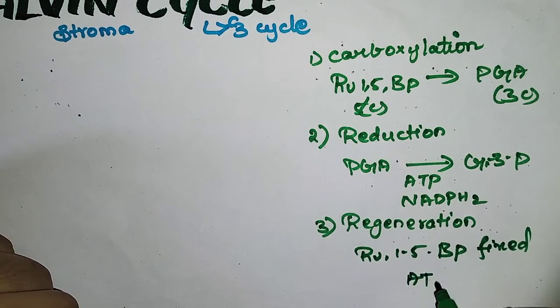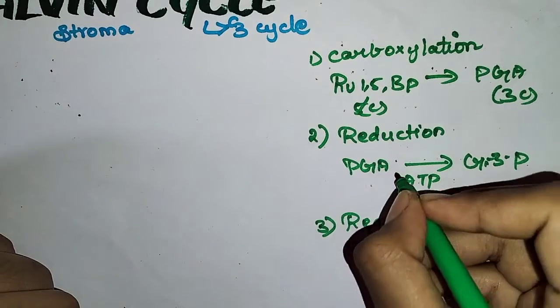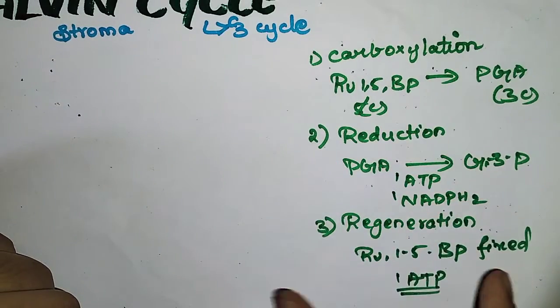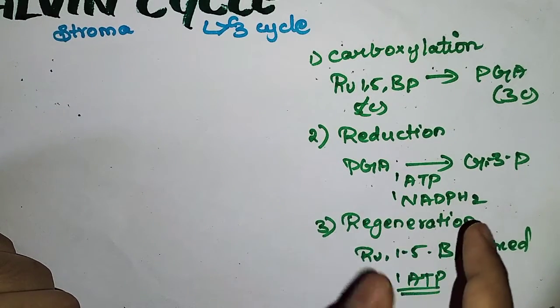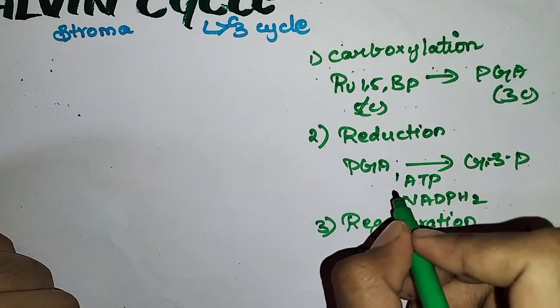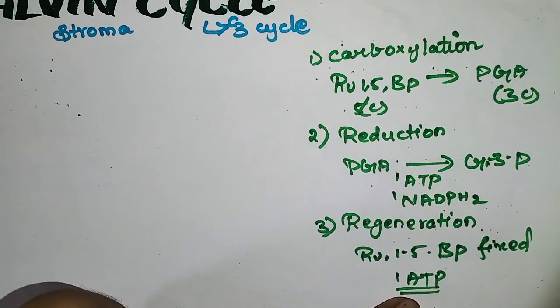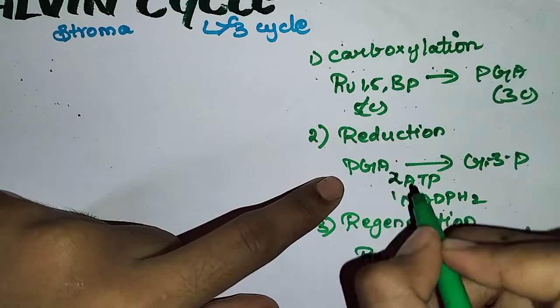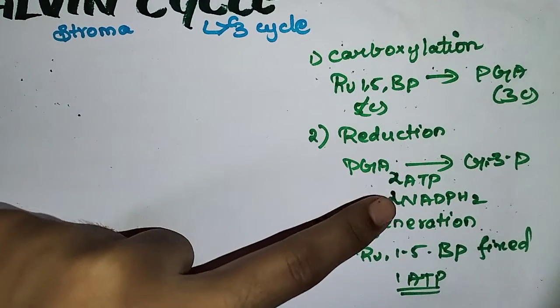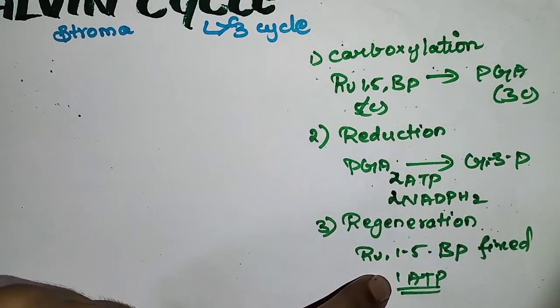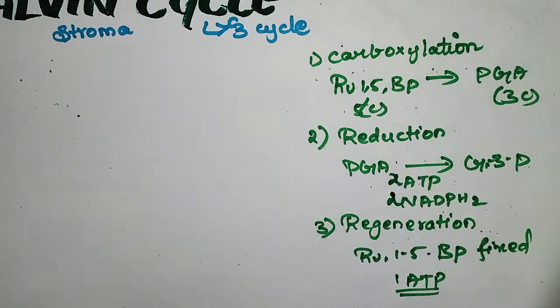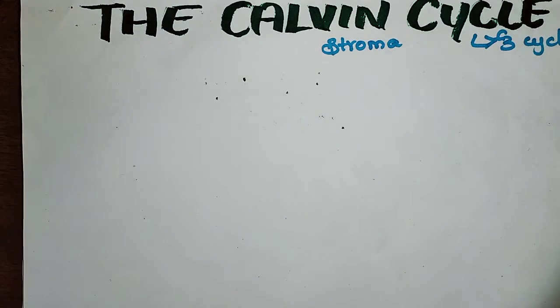What is used here? 1 ATP is used. This is one cycle. One cycle, 1 ATP. But in the reduction step we have 2 ATP, 2 NADPH, and in this regeneration step we use 1 ATP. Okay, clear now. Let us enter into the Calvin cycle.